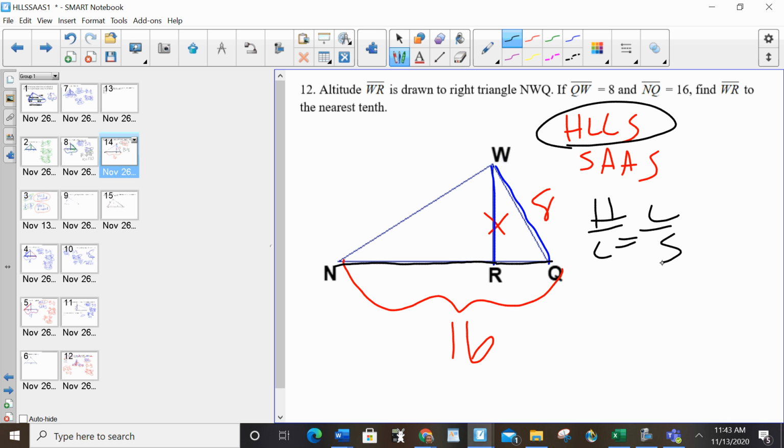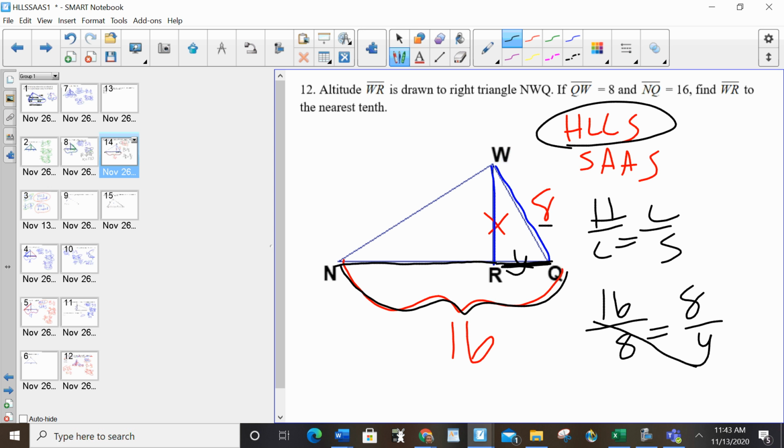Because I can. Because H I have is 16. L is 8. L is 8. Now S would be RQ right here, so I'm going to call that Y. It's not what the question's asking for, but it's something that I can find. And once I find that, that'll probably help me in the next step.